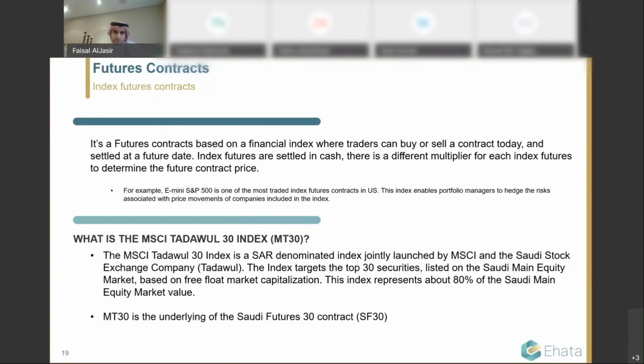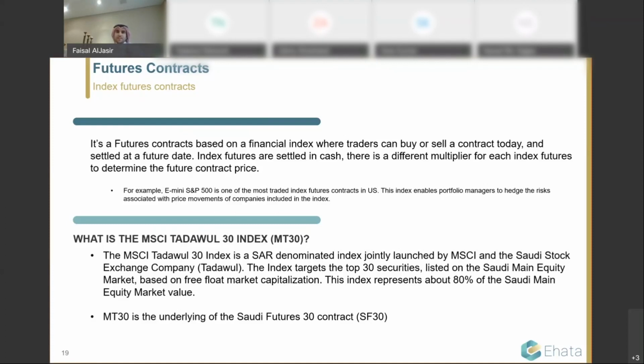One of the most famous ones is the E-mini S&P 500, one of the most traded index future contracts. But again, it's very important that we look at the stocks that constitute that index. This plays a factor on the future that we are looking at or analyzing.